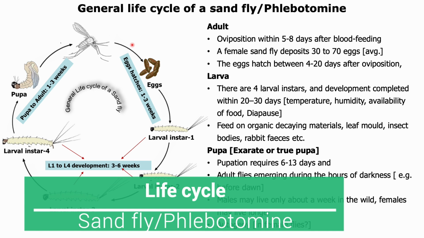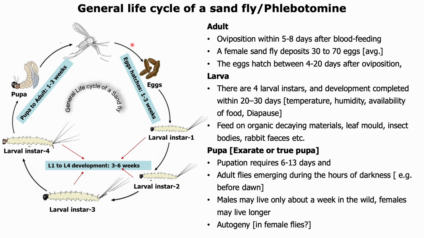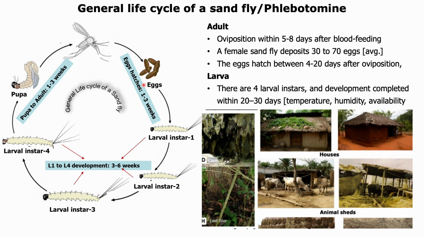General life cycle of a sandfly. The life cycle of a sandfly comprises 3 developmental stages: adult, larva, and pupa. On average, a female sandfly deposits 30 to 70 eggs in protected places such as dark, cool, humid niches or any moist places.